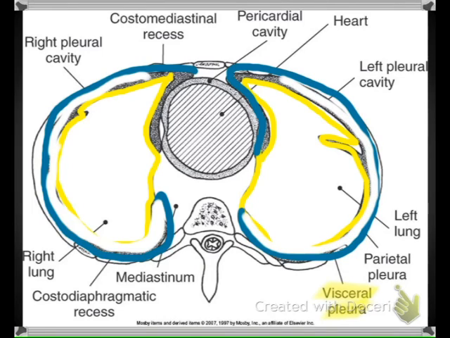And once again, this is the intrapleural space or interpleural space, which allows the lungs to actually expand. And so just remember this and keep this in mind and know both the visceral and parietal pleura.